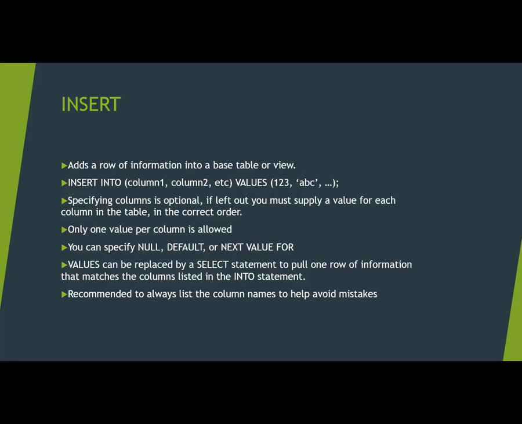Normal form 1, of course, states your data can only accept one value per cell, or, a middle bullet here, only one value per column is allowed. You can use some keywords: null, default, or next value for. So you can pull a sequence generator and pull a next value.